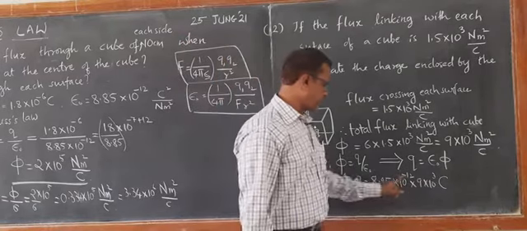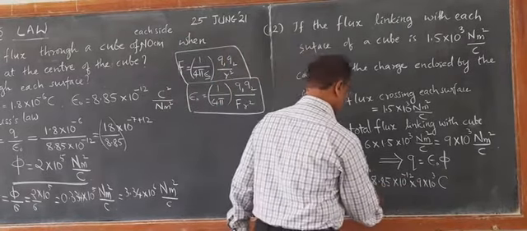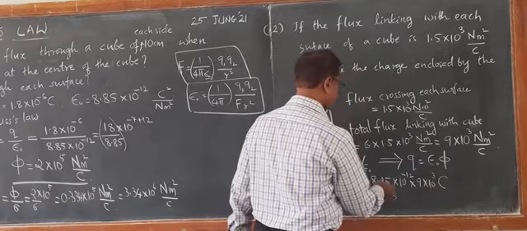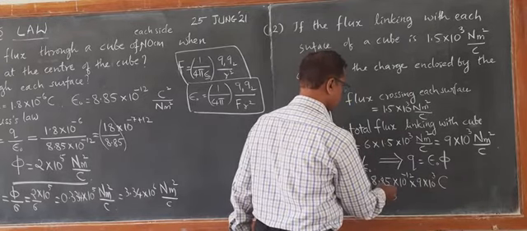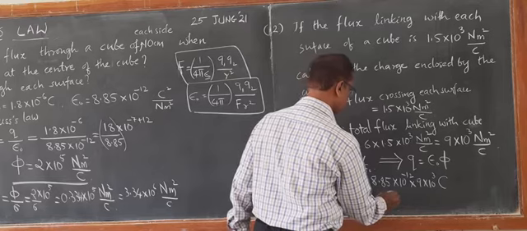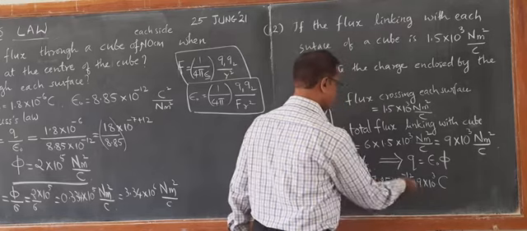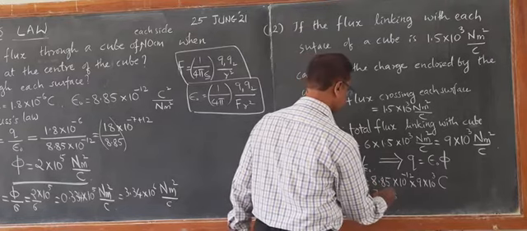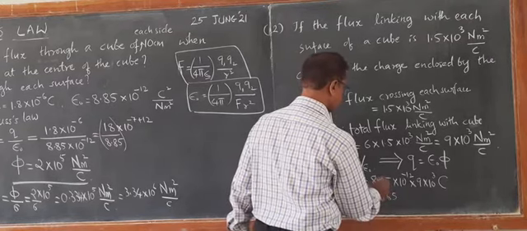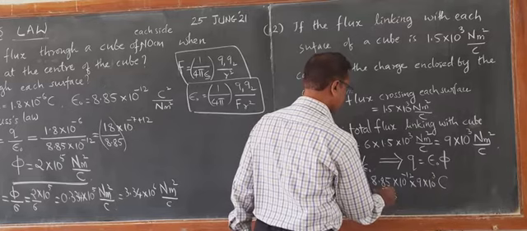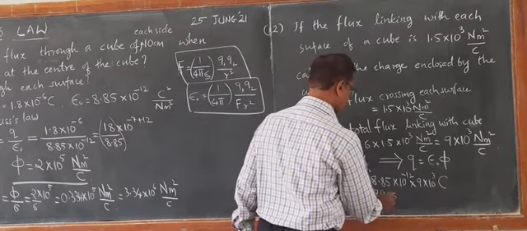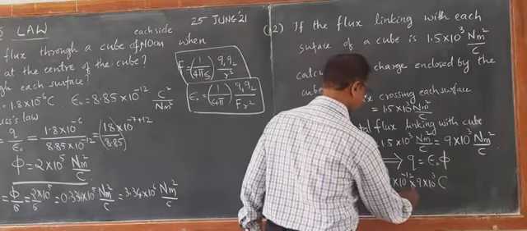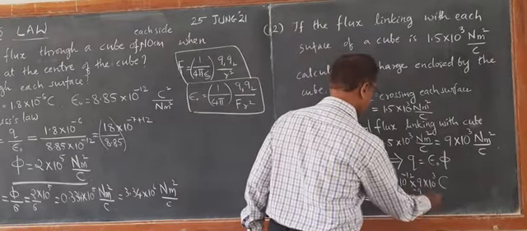So, 9 into this, 9 fives are 45, carry 4, 9 eights are 72, 72 plus 4, 76, carry 7, 9 eights are 72, 72 plus 6, 78. So, it becomes 78.65 into 10 to the power of minus 9 coulomb.